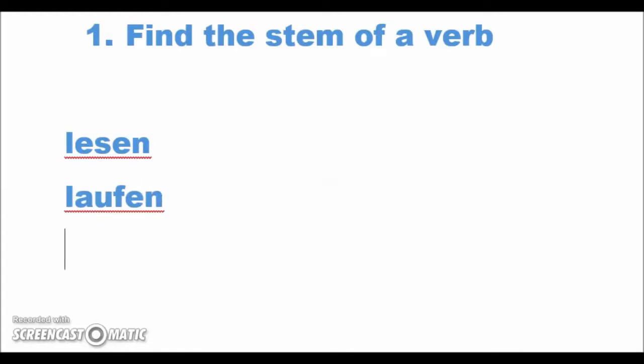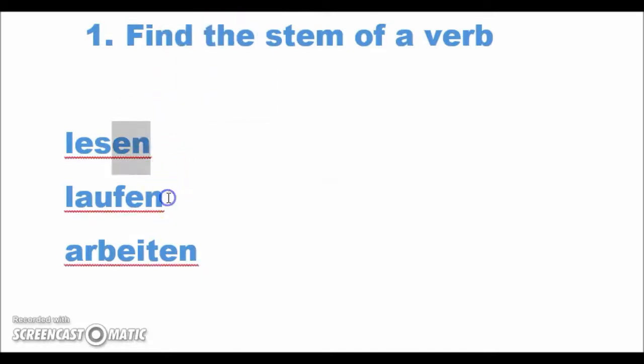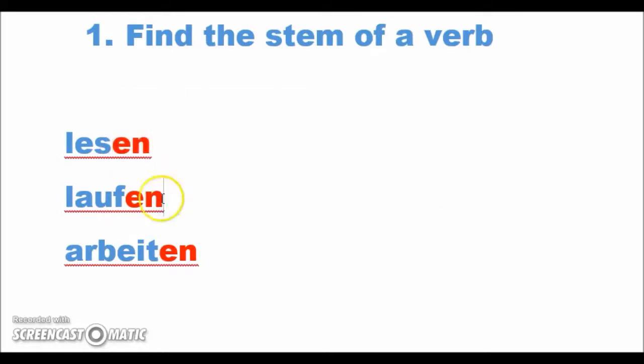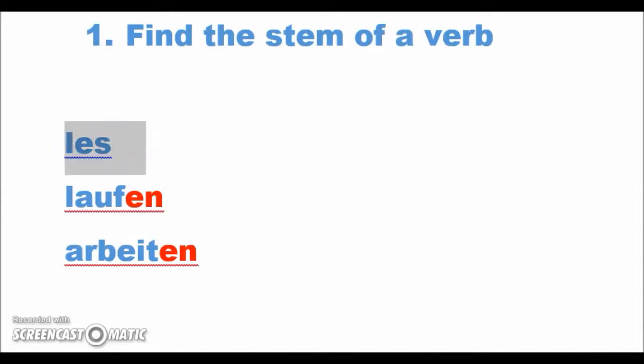And to work is arbeiten. Now what you notice, in all of these verbs, the ending is the same, en. This ending is the infinitive marker, the infinitive indicator. If we take it away, we have the stem.